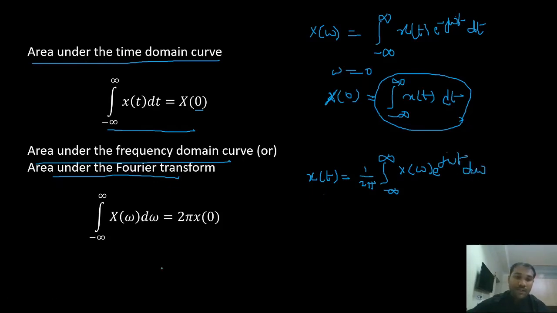Now if I make t 0, this will become x of 0, and here the exponential will become 1. If I take this 2 pi to the other side, it is 2 pi into x of 0, and here I have the integral from minus infinity to infinity of X of omega d omega. The same thing.